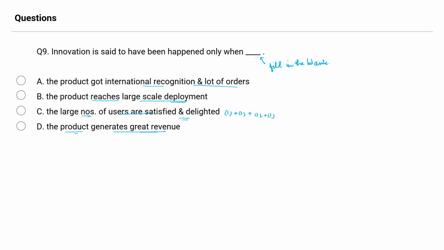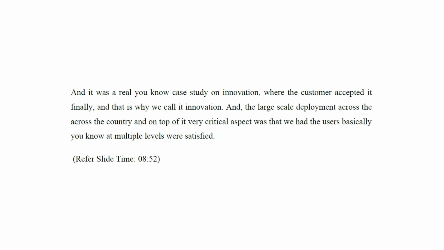All right. We have got lots of people voting right now. Very good to see a lot of people active and they have voted. So a lot of people have said option C. Let's see, and give you a reference. The large scale deployment across the country, on top of it, it is a very critical aspect that users at multiple levels were satisfied.